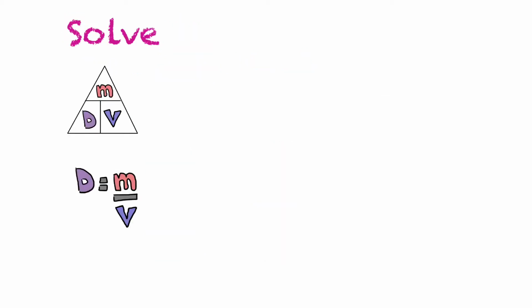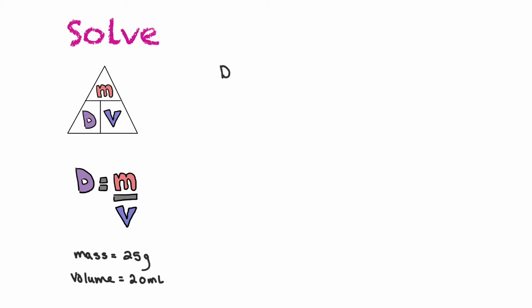So now we're going to solve our problem. Remember, from our triangle, density is equal to mass divided by volume. So here is our formula. And we know our mass and our volume from our examples. We'll write those values down so we can remember. So our mass was equal to 25 grams, and our volume was equal to 20 milliliters. Now we can plug those values into our formula.